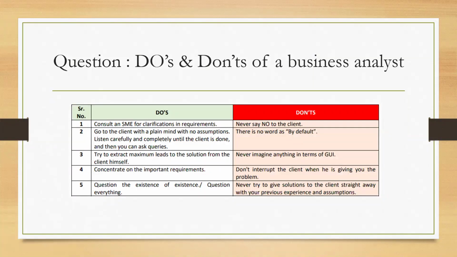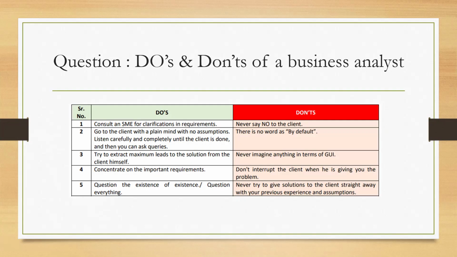And coming to this do's and don'ts of business analyst. So these are the do's and don'ts. So do's means you need to clarify whatever the requirements you are having through SME. Okay. Subject matter experts. In every organization, there will be subject matter experts.